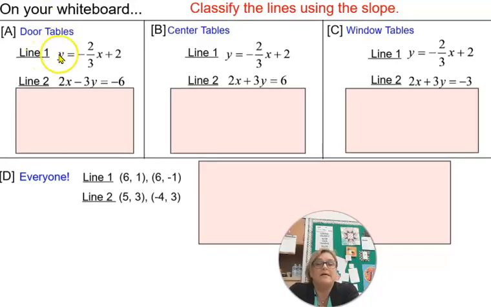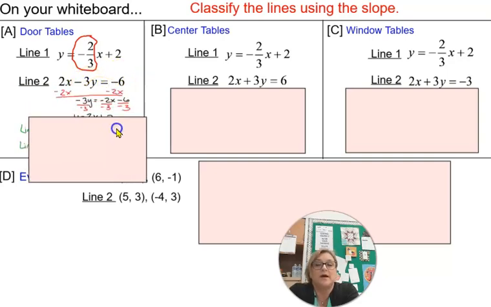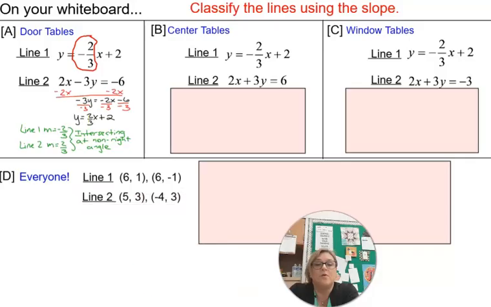So in A, we have line 1 in slope-intercept form. We can identify this slope as the coefficient on the x. That's negative 2/3. But line 2 is in standard form. So we can either use our standard form shortcut for finding the slope, or you can put that equation into slope-intercept form.